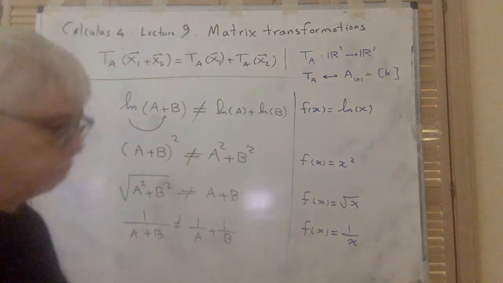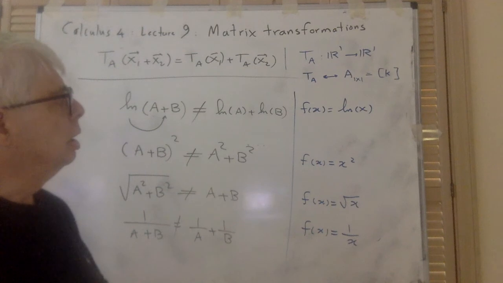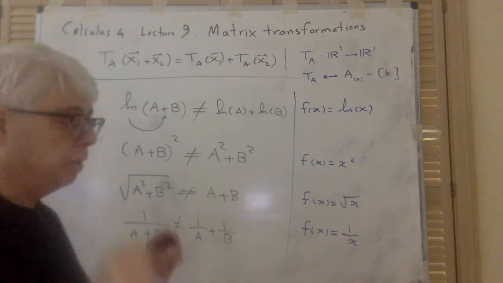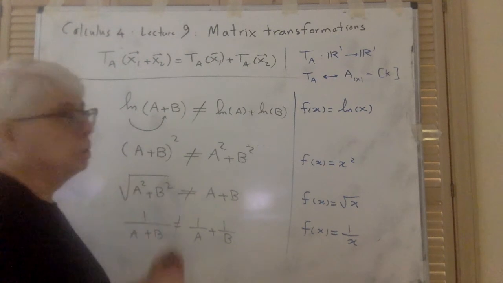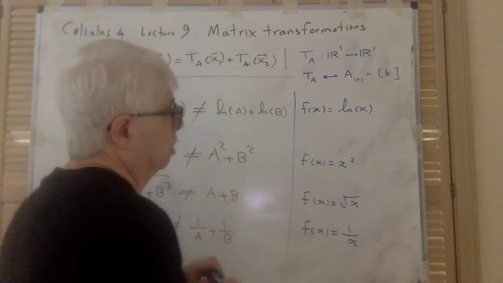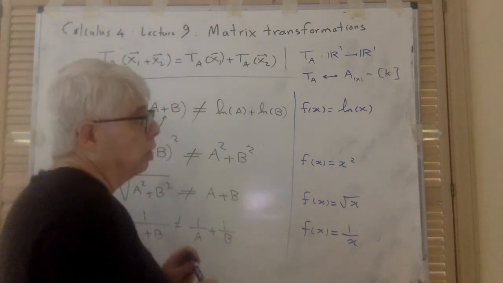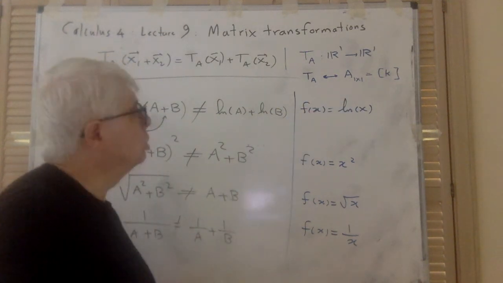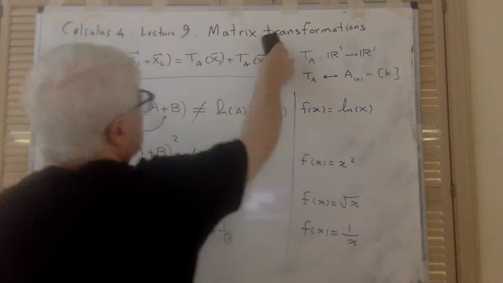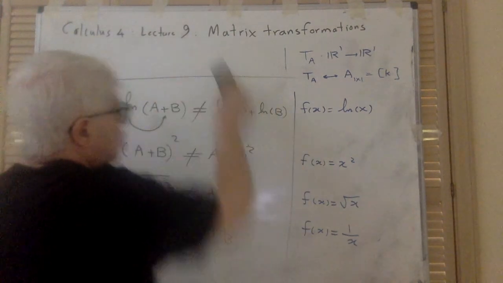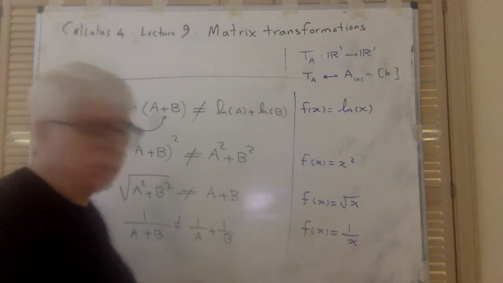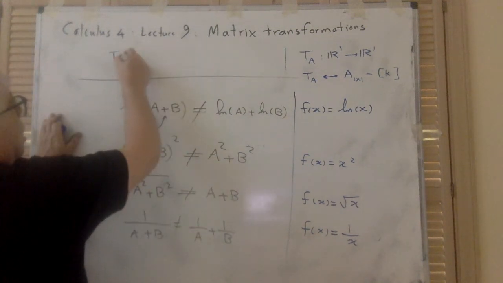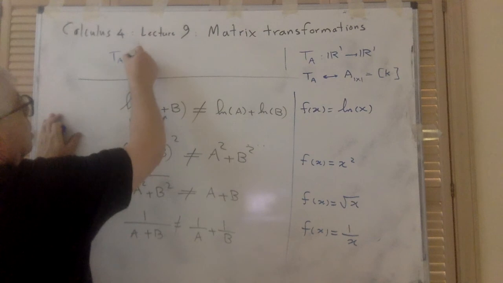Okay, so the only matrix transformation from R to R comes from this matrix. So let's see what this matrix gives me. What is TA applied to some number, say x?